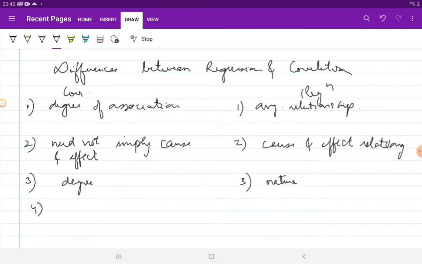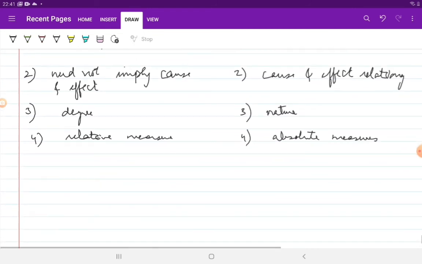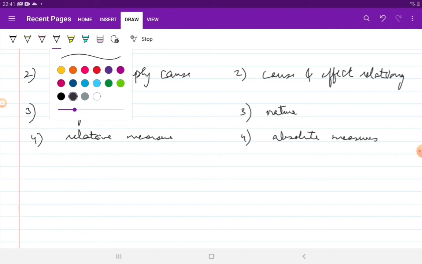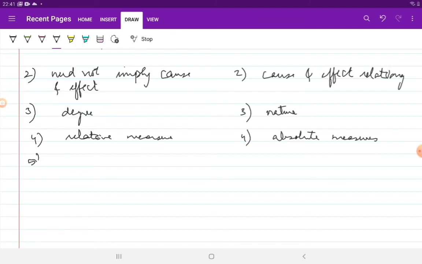The coefficient of correlation is a relative measure, whereas regression coefficients, although the term coefficient does enter, are absolute measures of the relationships. It is possible that you have spurious correlation.